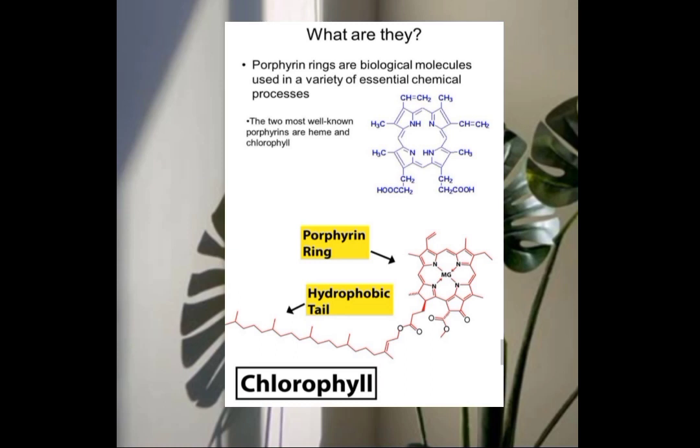Discuss the role of porphyrin ring in plants. Porphyrin rings are biological molecules used in a variety of essential chemical processes. The two most well-known porphyrins are heme and chlorophyll. This is a part of the porphyrin ring, and the other side is the hydrophobic tail.